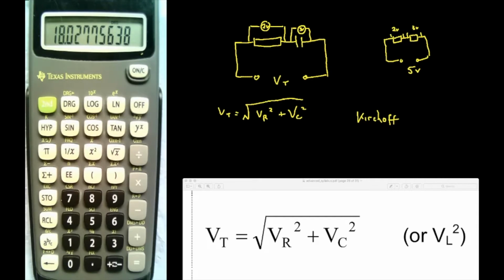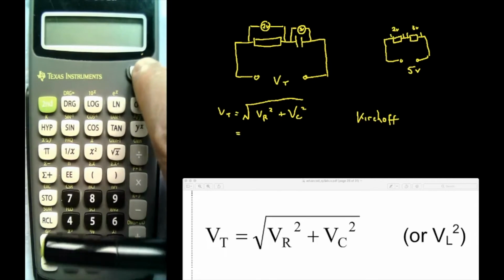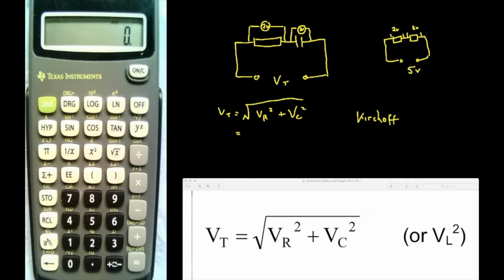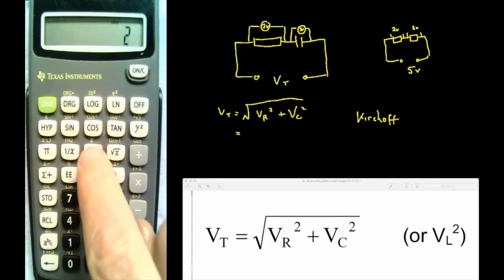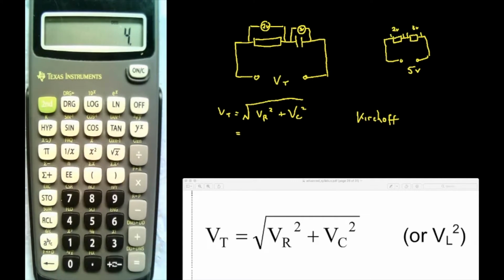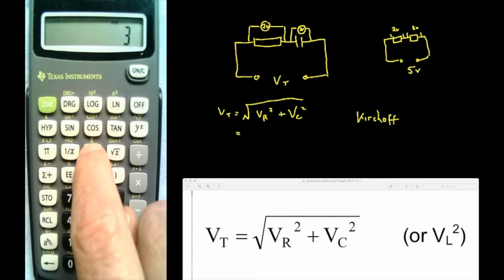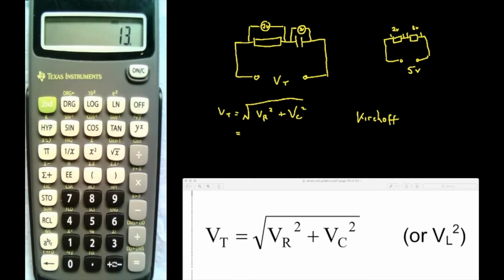So let's work it out then. Here I go to the calculator on clear. Let's work out VR squared first. That would be 2 squared, and VC squared, so I'll add VC, plus 3 squared equals 13.